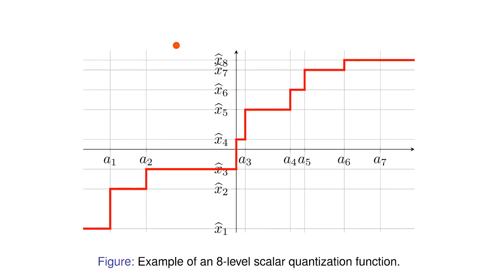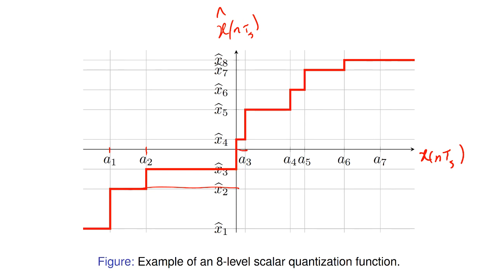This is just an example of an 8-level scalar quantization, because we have a scalar input. Let's say this is x of nTs, and this is the quantized value x hat of nTs. If your value is between a1 and a2, in this interval, you get this quantized value. If your input is between a2 and a3, you get this value.